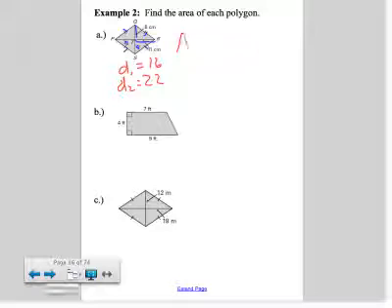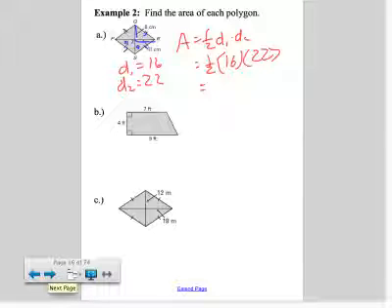And so the area is 1/2 D1 times D2. That's just 1/2 of 16 times 22. You can grab a calculator if you need to. Half of 16 is 8. 8 times 22 is, let's see, 160 plus 16, which is 176 centimeters squared, since we're talking area.